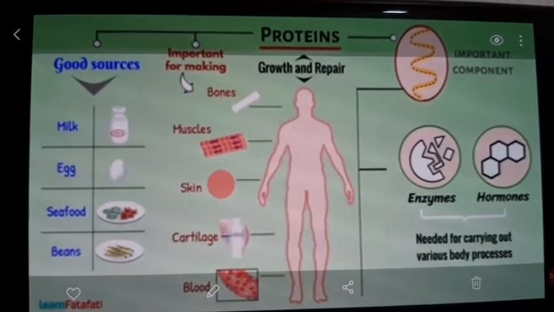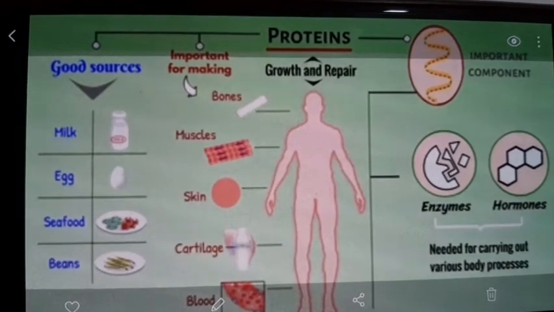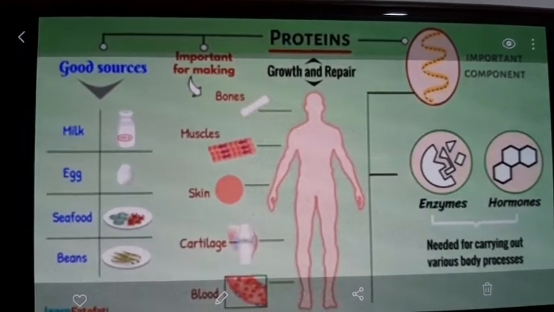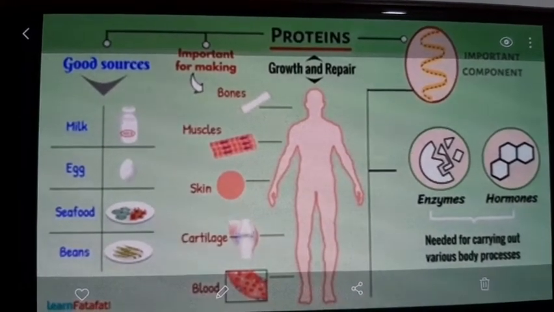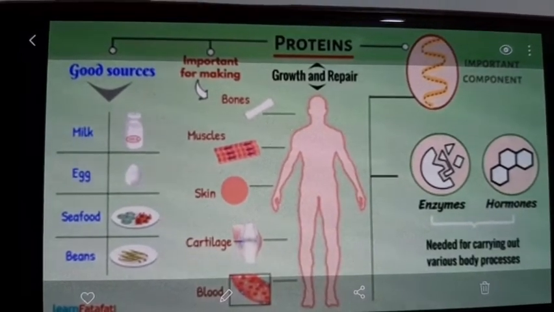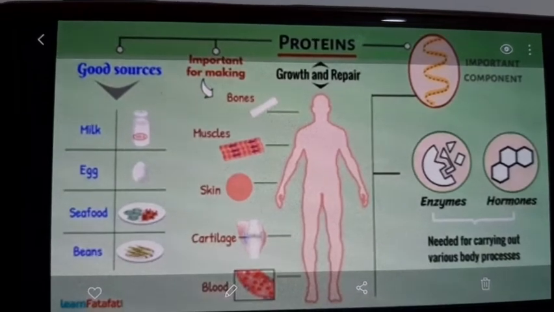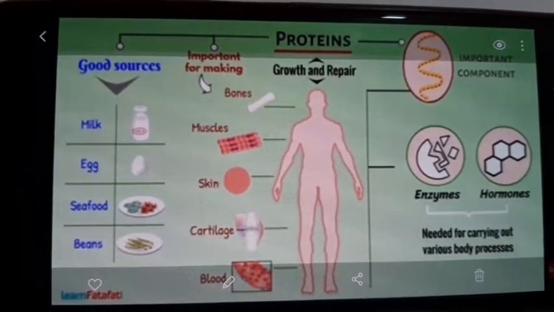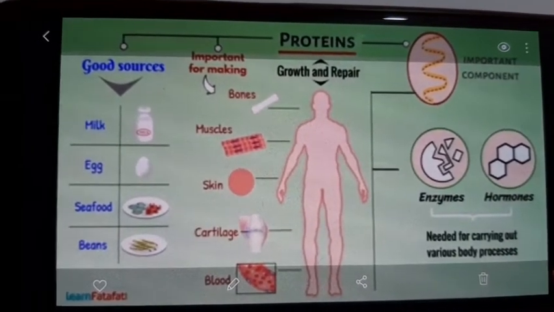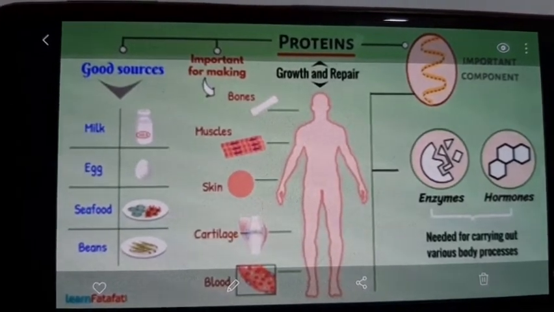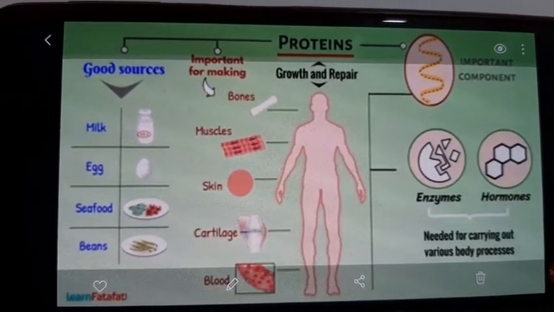Next we have the third heading, that is proteins. Proteins are required for growth and repair of cells in our body. There are many such chemical substances present in our body. Examples of proteins include enzymes, hormones, etc. These are needed by the body for carrying out various body processes.